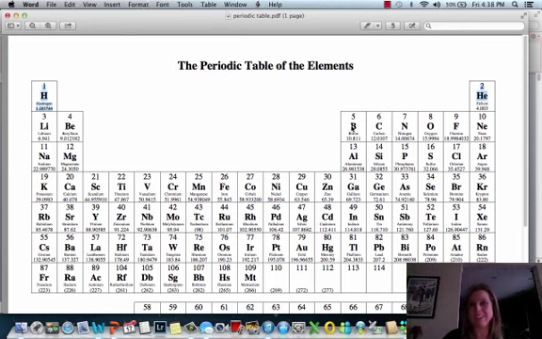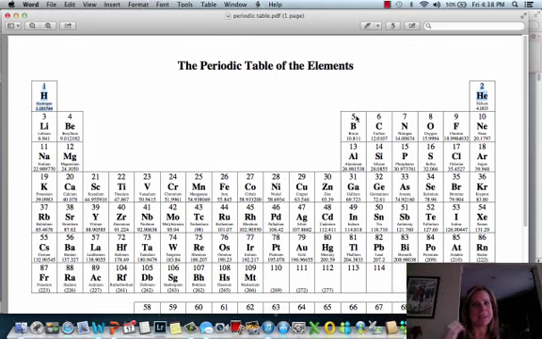Now, if we look right next door, it's not always that pretty, okay? So let's look at boron. First of all, looking at this number up here, we know that boron has 5 protons and it has 5 electrons. But if we look down here, that's going to round to 11, right? And if we take this 11 minus 5, we get 6. And that's how many neutrons boron has, okay?